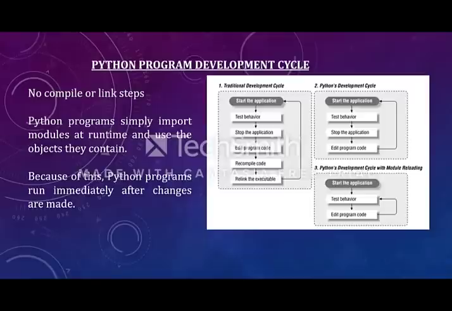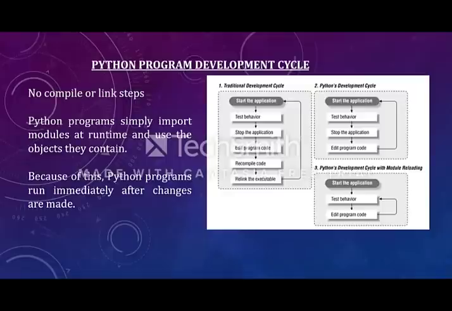That is the beauty of Python programming, because it is interpreter based. That's the reason why it is gaining so much popularity. Whenever you do any modifications to the program, that modification will automatically be reflected in the output.